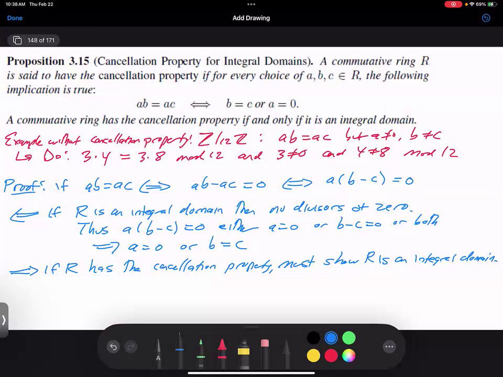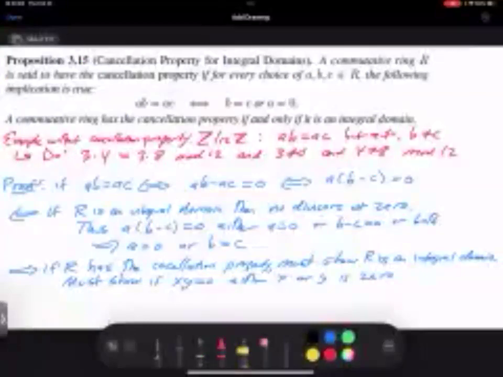So we must show if x times y equals 0, either x or y is 0. Does everyone agree that this is what we have to show? Right? How can we do this? We need to somehow use the cancellation property, right? We somehow have to have an AB equals AC.